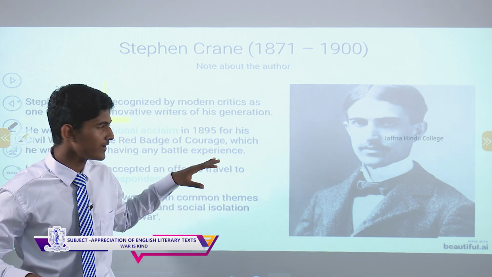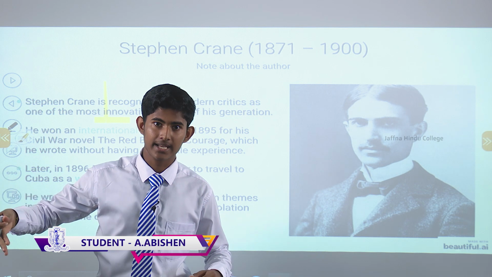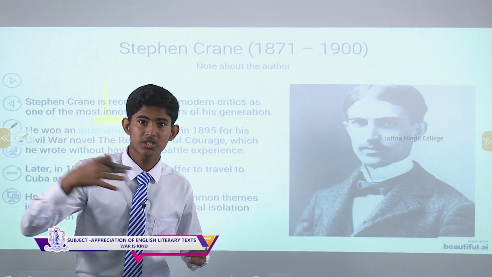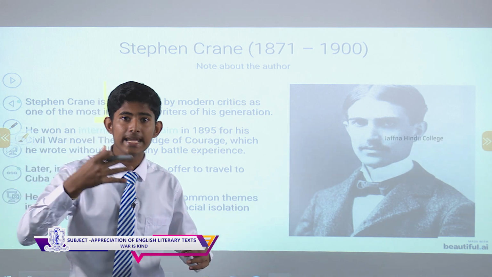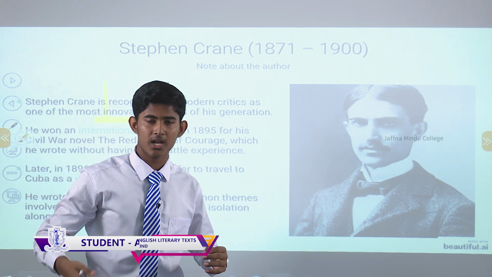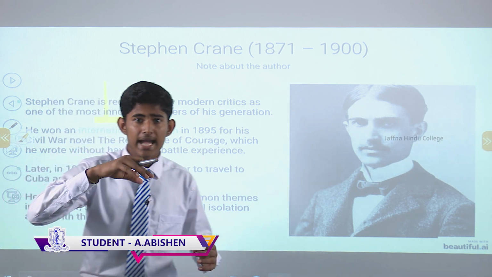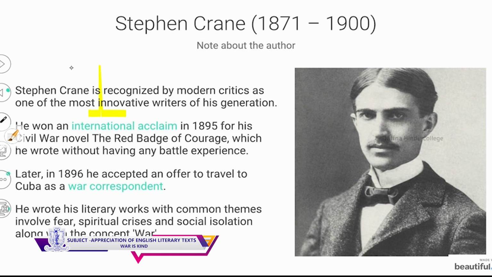It is quite significant that this poem War is Kind was published in 1899, and before that, in 1895, he had already written a short novel about civil war. It is quite interesting that even though he didn't have experience of involvement in a war, he wrote a short novel about war. So, as a continuity of this short novel, War is Kind may also have been formed.